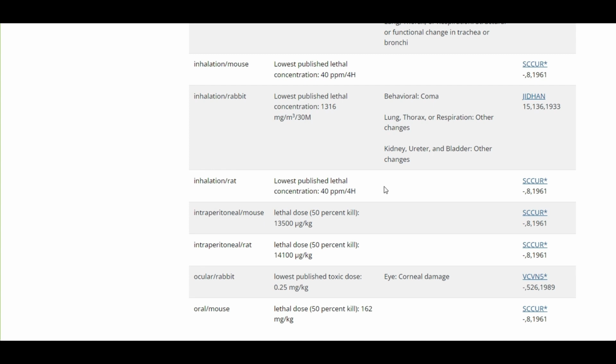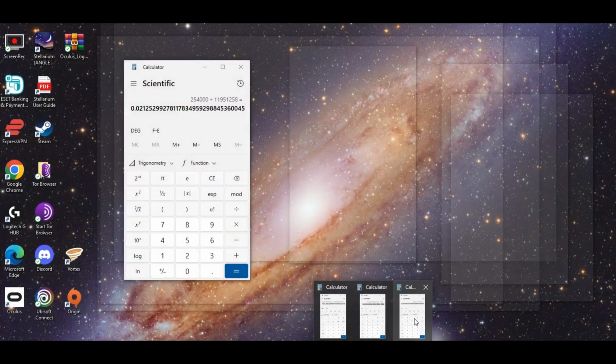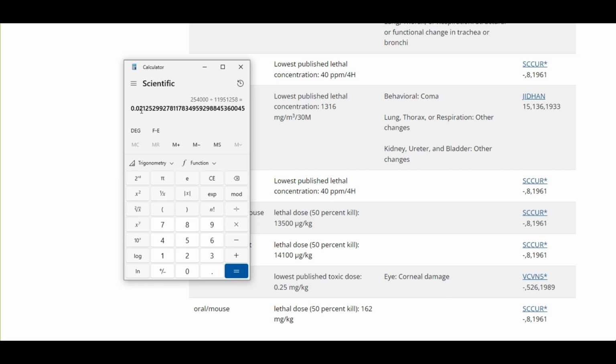If you ask me, that sounds like a lot of osmium tetroxide, especially since people say that it becomes toxic at or below this amount of milligrams per cubic meter of air.